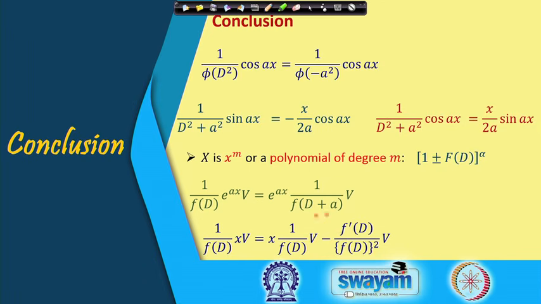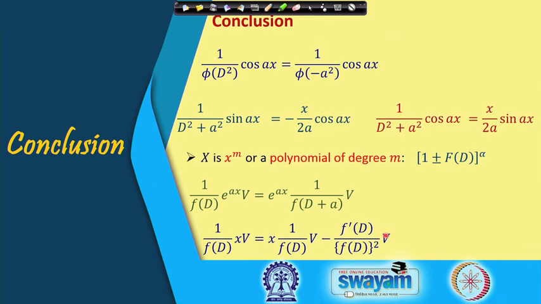Finally, we have also learnt about this formula when 1 over f(D) we are applying on x into v, then this is kind of a product rule here, the x, and then you apply this 1 over f(D) on v, then minus the derivative of this f(D) with respect to D, divided by this f(D) whole square into v.